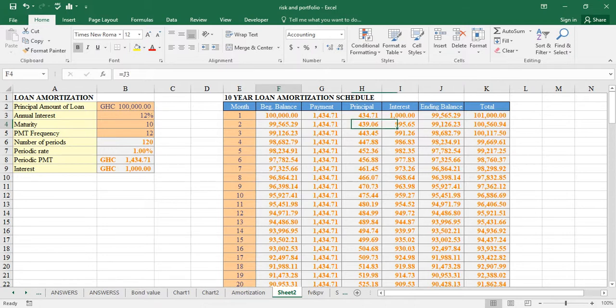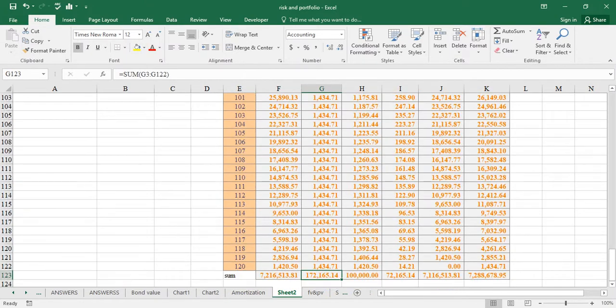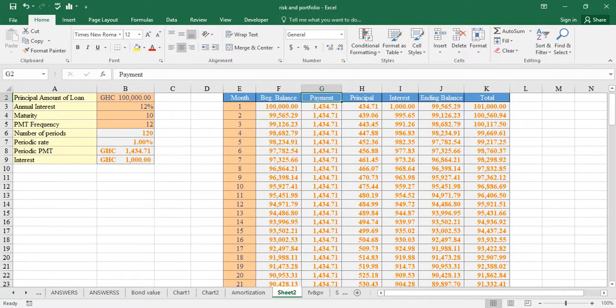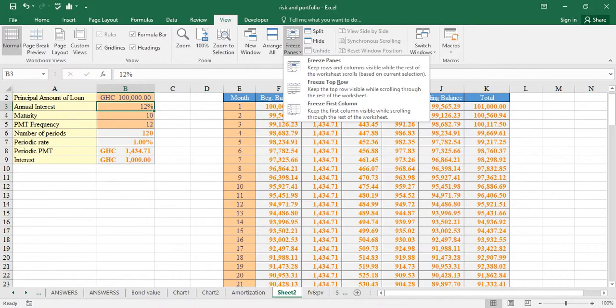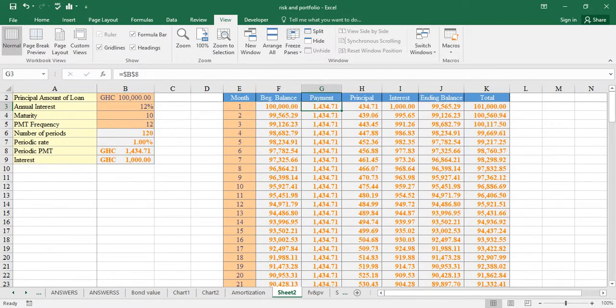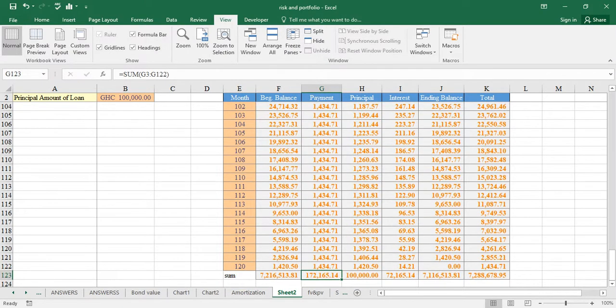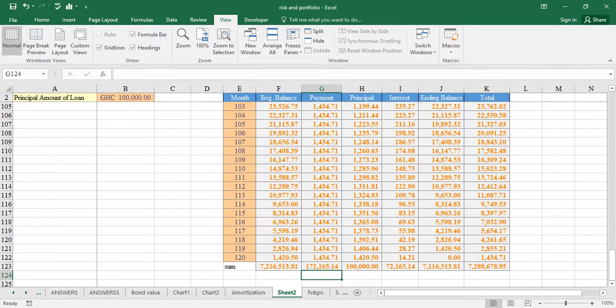Our ending balance becomes the beginning balance for the following periods. The same thing applies to this. We just referenced it in that order. So in the end, we realized that the total payment for the period, let me freeze pane, ended at 172,165.14, as we can see here, and then the total principal payment ended at 100,000.